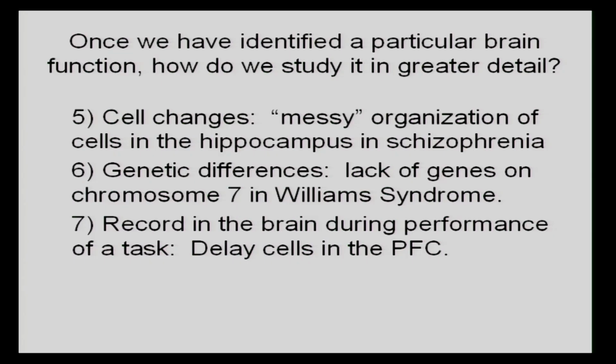Do I know what that means? No, I don't. But that's just another tool to look at differential morphology in abnormal situations like schizophrenia. We can look at genetic differences that we talked about today, the lack of those 28 genes on chromosome 7 in Williams syndrome.